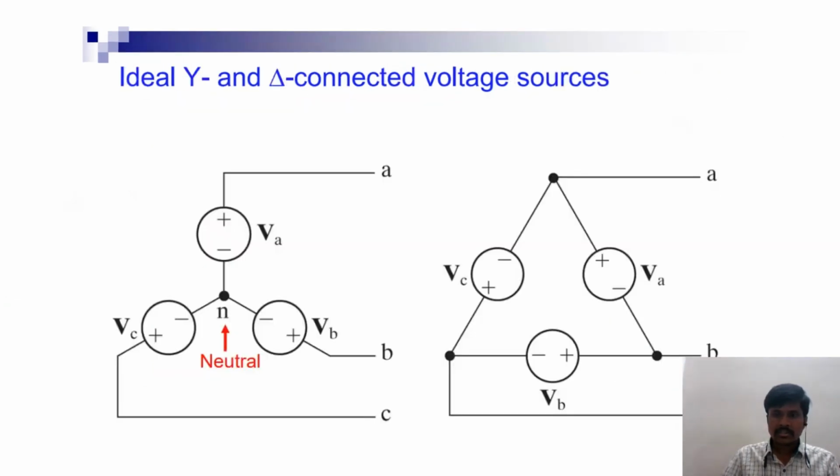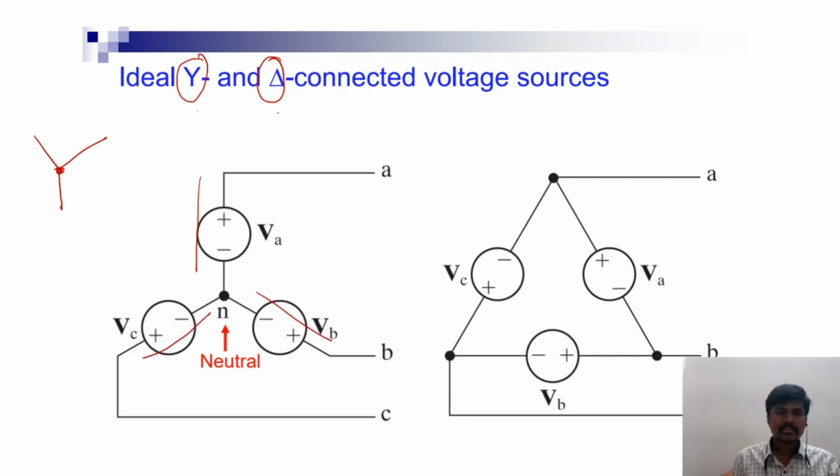Now, this is the representation of a three-phase source, with a star connected load as well as a delta connected load. Star and delta. So star connected voltage source, delta connected voltage source. Star means three branches or three elements, with one end connected to the common terminal. Here this is one branch, this is one branch, this is one branch.